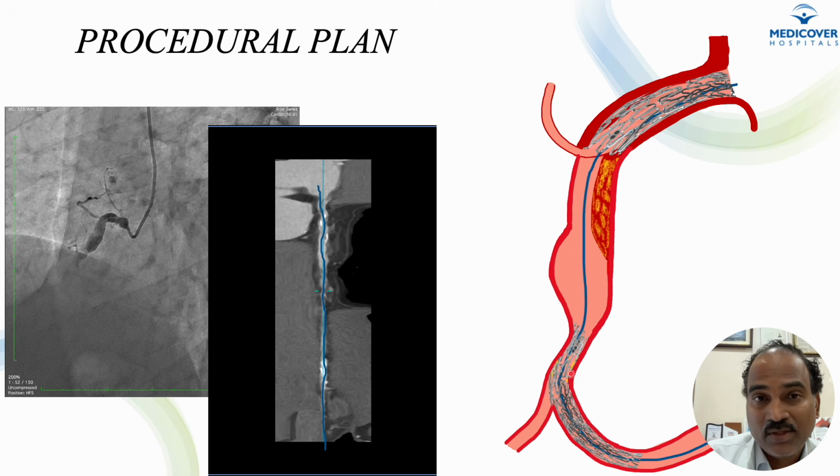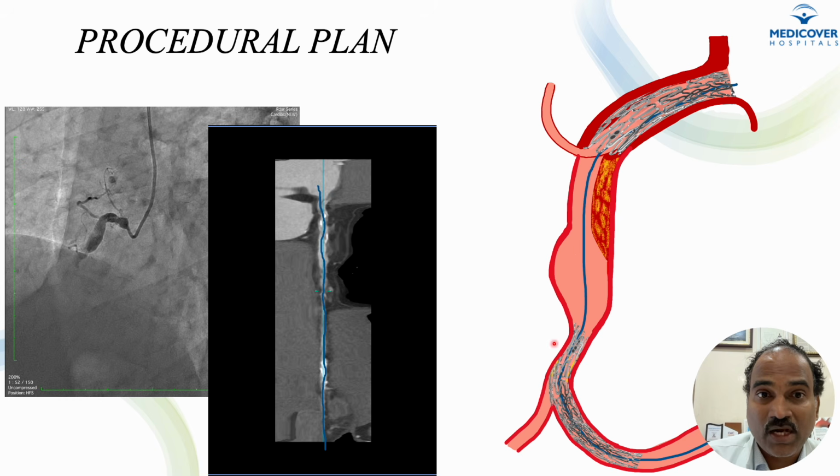So take a covered stent and put the covered stent overlapping proximal as well as distal stent, covering the entire pseudoaneurysm. So this plan gives you two leeways. One is you are closing down the proximal space, that pseudo space which was created in the earlier procedure, completely.